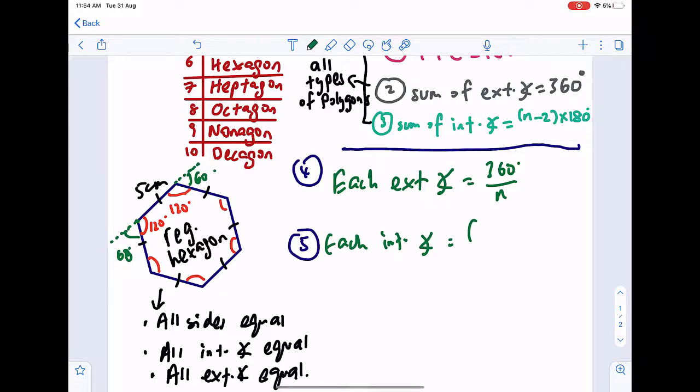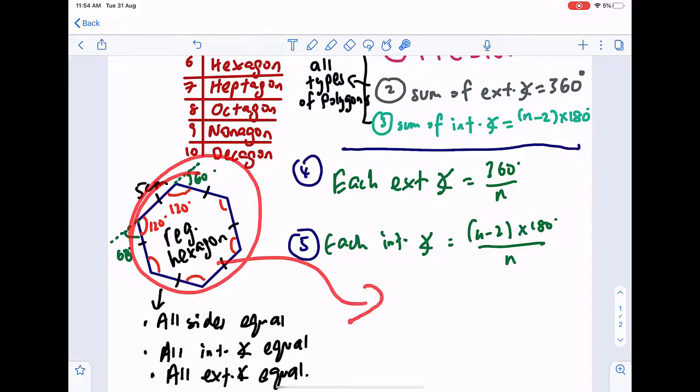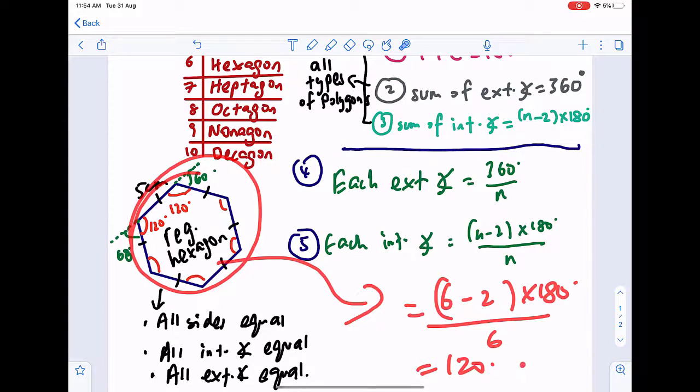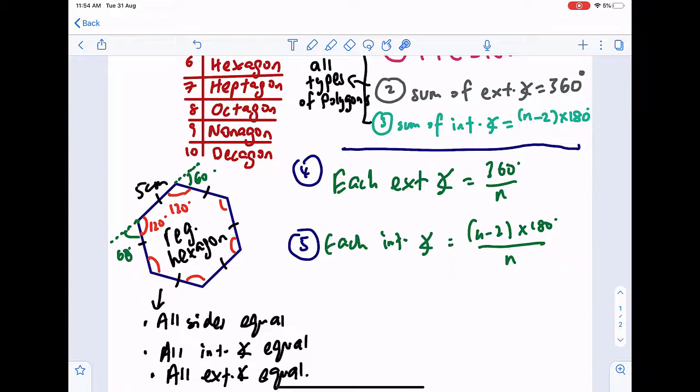This will be the sum divided by the number of sides, n. For example, here each interior angle will be 6 minus 2, times 180 degrees, divided by 6, which will give us 120 degrees. That's how we got 120 degrees. Again, I repeat, these two are very, very special and only for regular polygons.